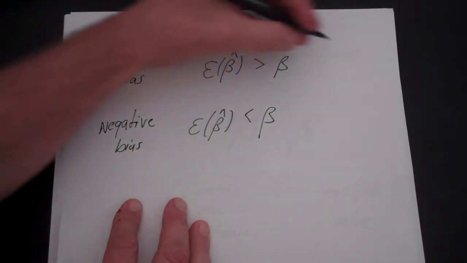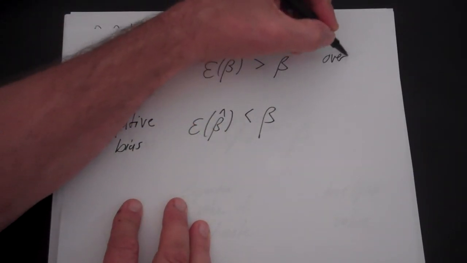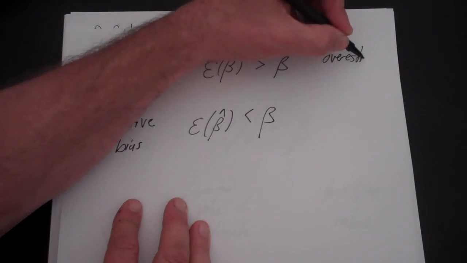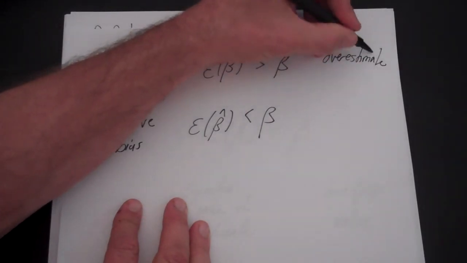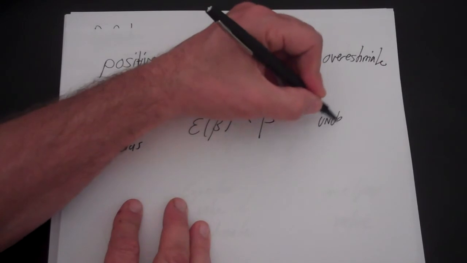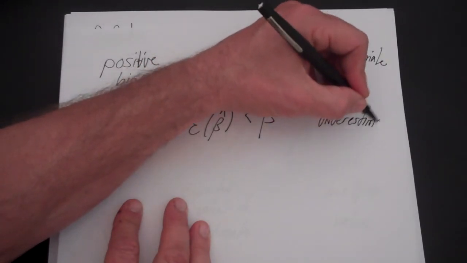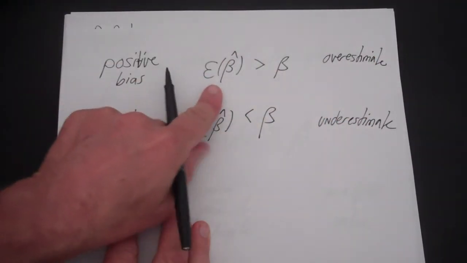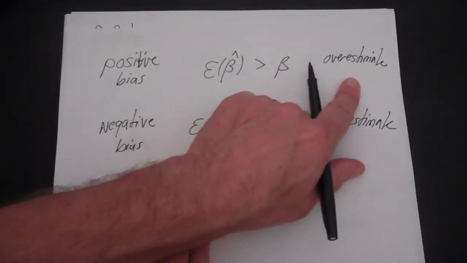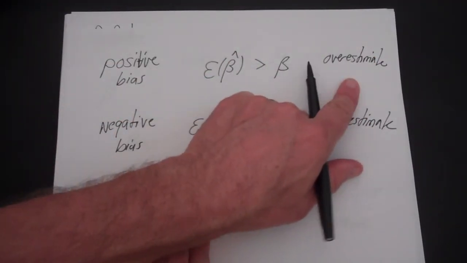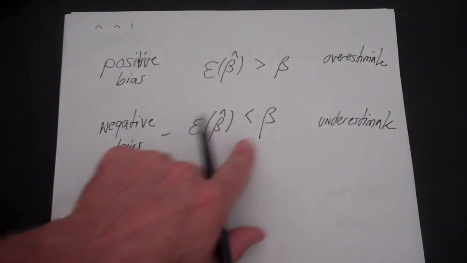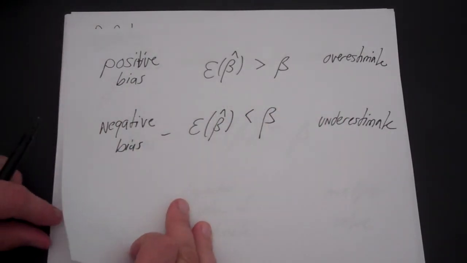Another way to say a positive bias is that this tends to overestimate, and this tends to underestimate. And that kind of makes sense. If on average you get a number that's too large, we say that it typically overestimates, and if we typically get a number that's too small, we say it typically underestimates.